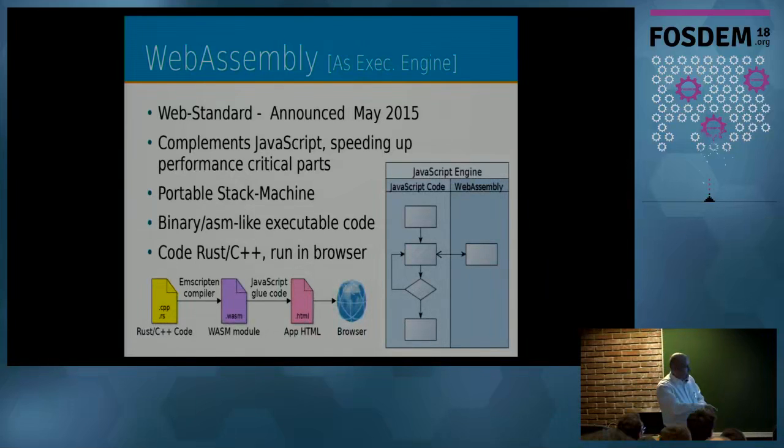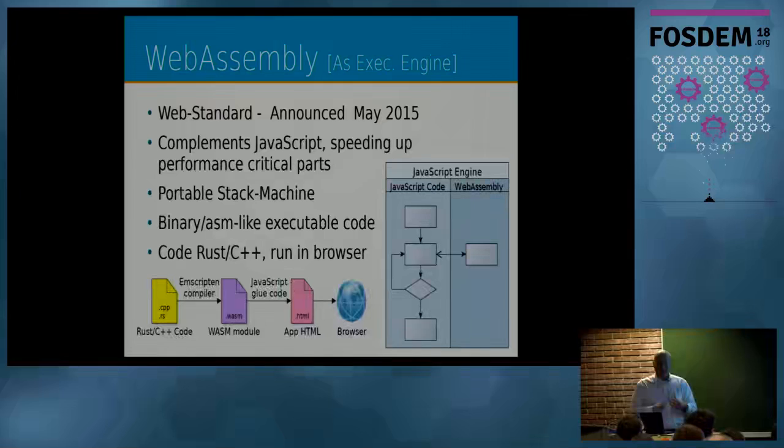If we've got JavaScript code and we have the flow here, there might be an operation which kicks into the WebAssembly code, doing the performance critical computation, and then getting back and continuing JavaScript. WebAssembly incorporates a portable stack machine.